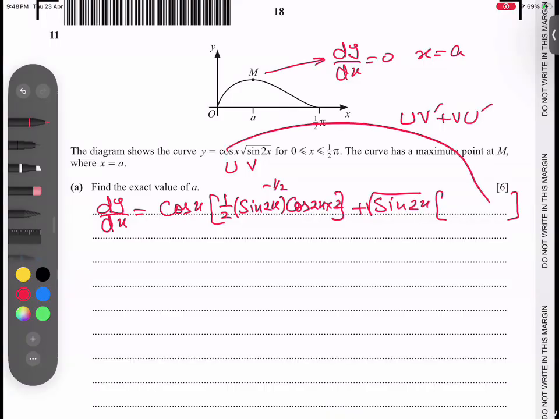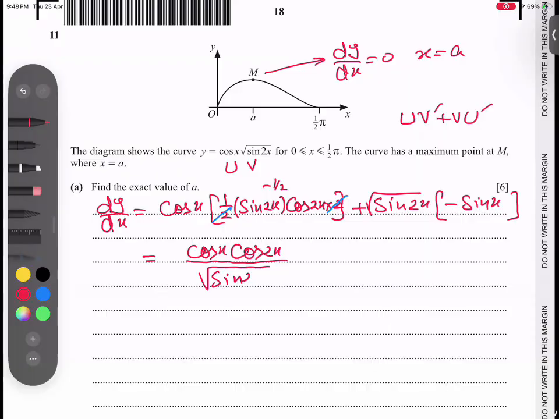And this cos derivative becomes minus sine. So first of all, simplifying, then I do it. This 2 and this 2 cancel out, and I can say cos x, cos double x over root of sine double x. Okay, and I think this part is already clear.